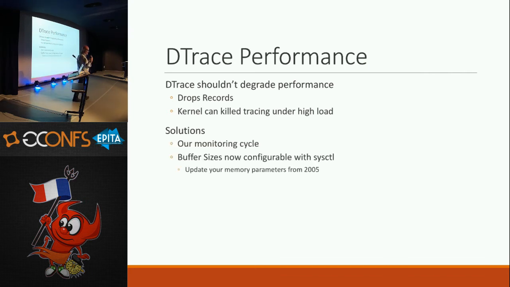So we can look at things like changing our monitoring cycle. We can configure the buffer sizes. We can improve the decompiler, which is one of the things we're doing now. And then we can look at the efficiency of the underlying decode, both in the kernel and in user space. We can JIT the bytecodes, and we can leverage LLVM.